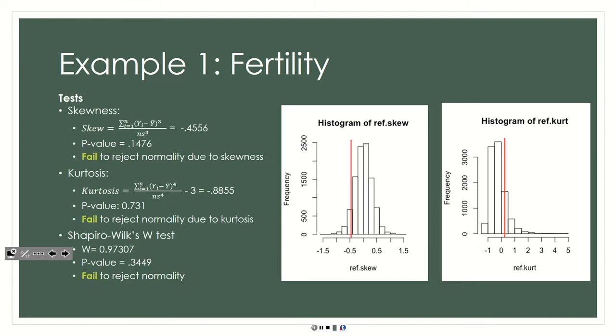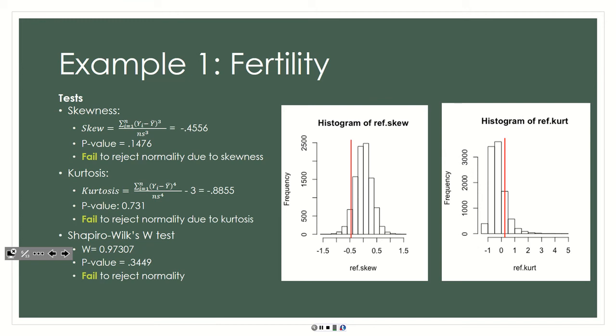Then I did some more formal testing and looked at the skewness. This is the way you calculate it, and I got -0.4456, which didn't seem too concerning, but to test it further, I simulated data multiple times, I think 1,000 or 10,000 times, assuming the distribution was normal, with the sample mean and standard deviation from this sample.